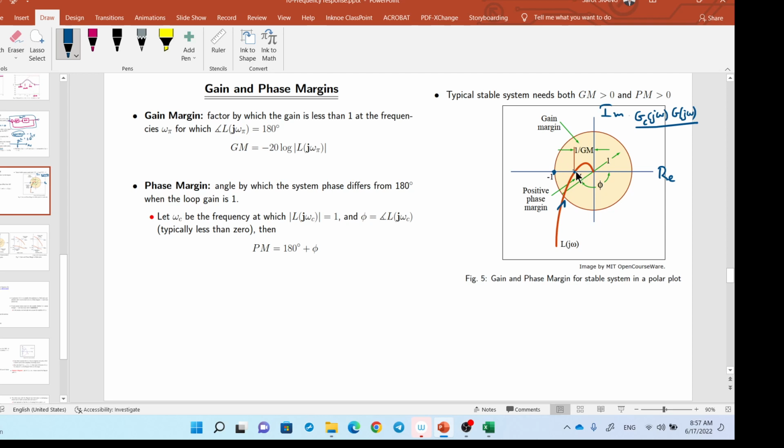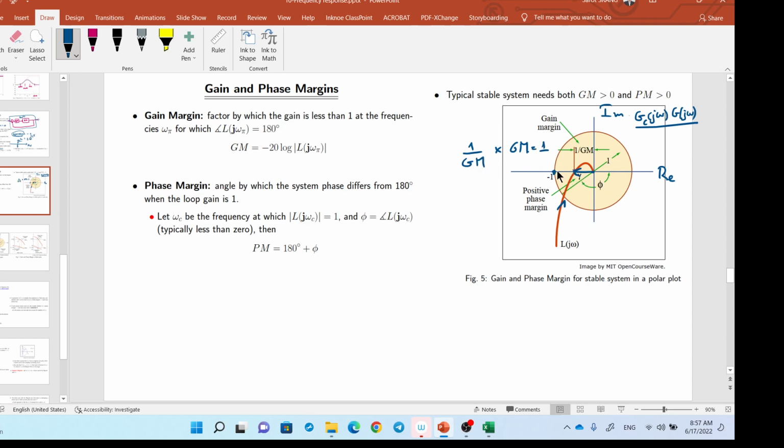Now you have the magnitude from 0 to here. From 0 to here is called GM. So if you multiply it by 1 over GM, you will reach 1.